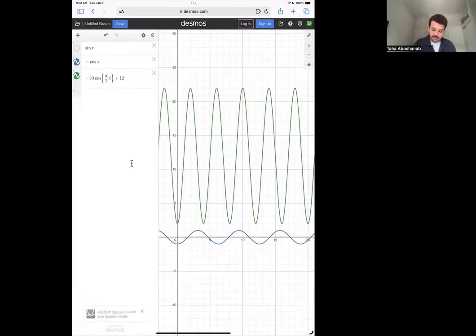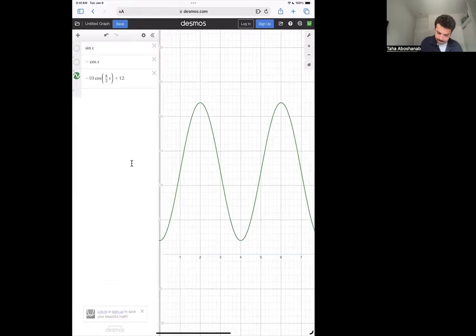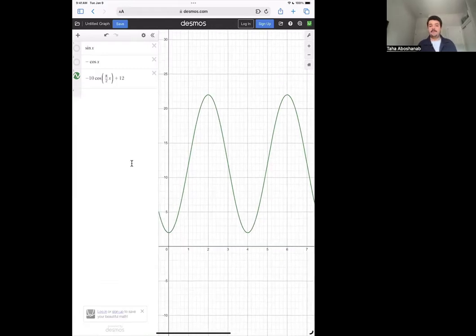And here you'll see this beautiful graph that actually models our Ferris wheel.